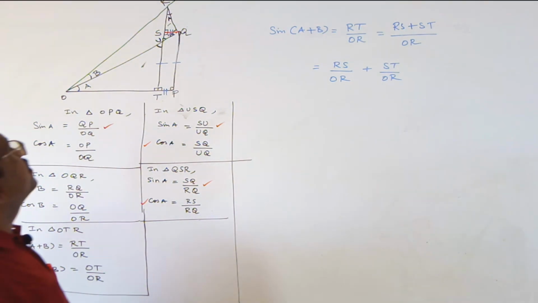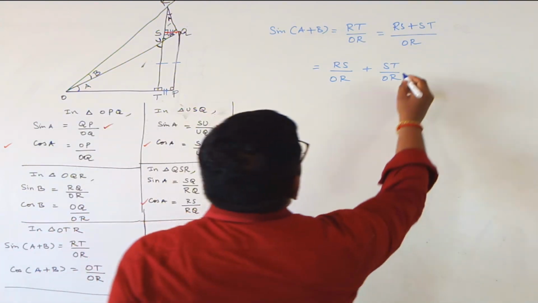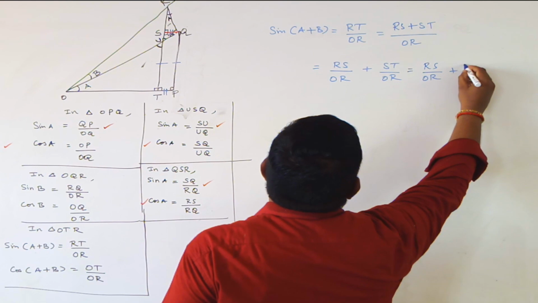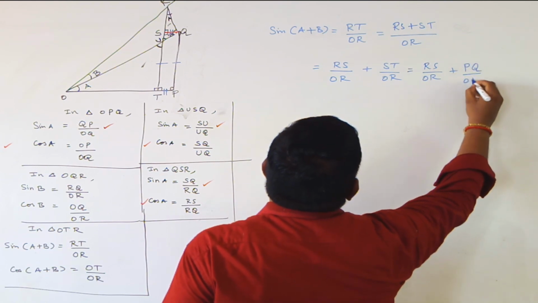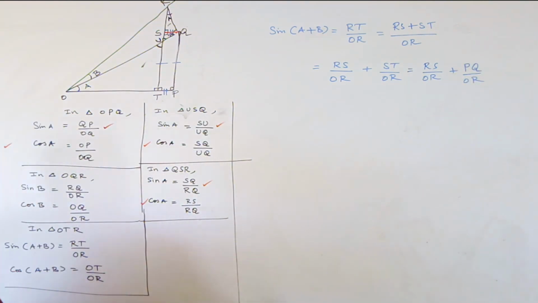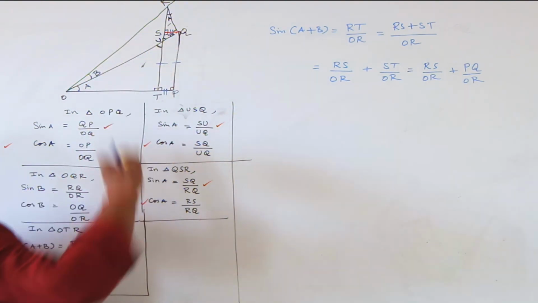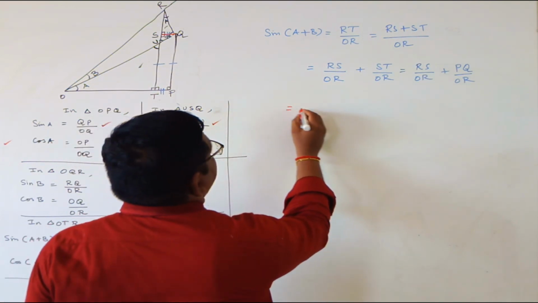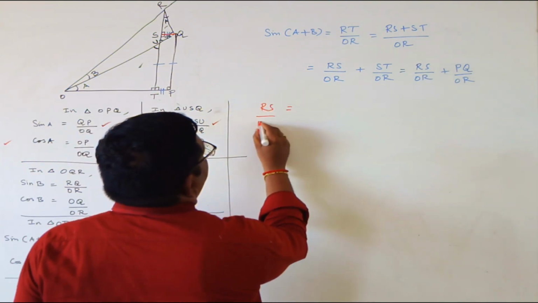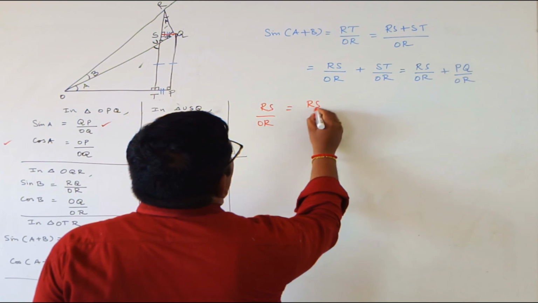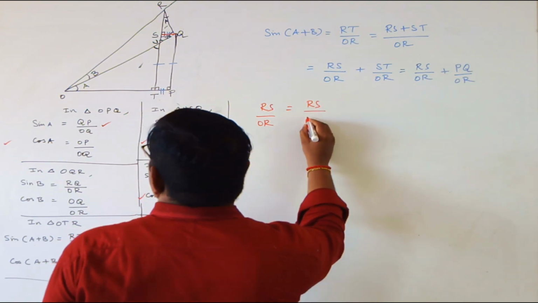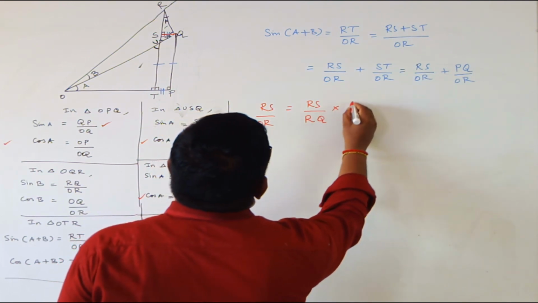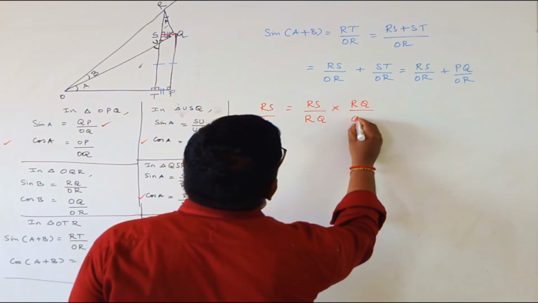So instead of writing ST, we can write this as PQ by OR, because PQ is equal to TS or ST. Now we can write this RS by OR as RS by RQ into RQ by OR.